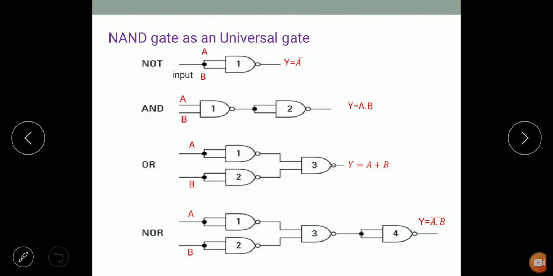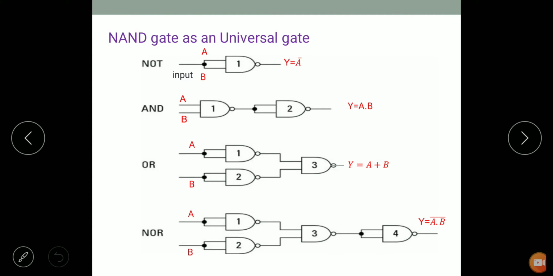Now for the OR gate we will use three NAND gates. The first NAND gate is used for the A input and the second NAND gate is used for the B input.